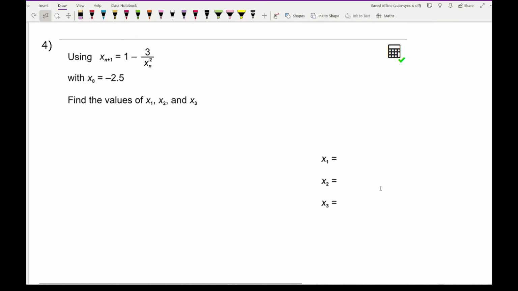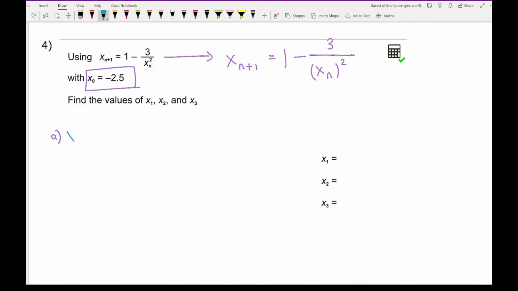Then moving on to our last example. Again, apologies if this has not come up clearly on the screen, but it looks like this. And we know that our x0 value is minus 2.5. So for part A, to find x1, now x and u are just the same, just using different letters.